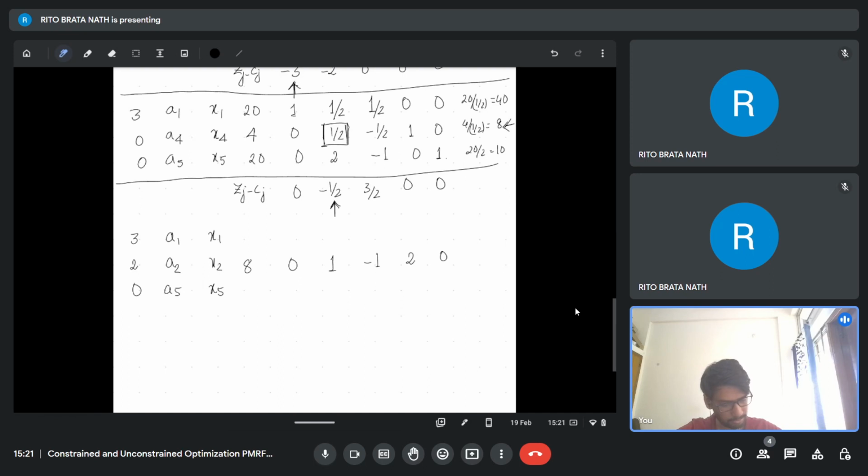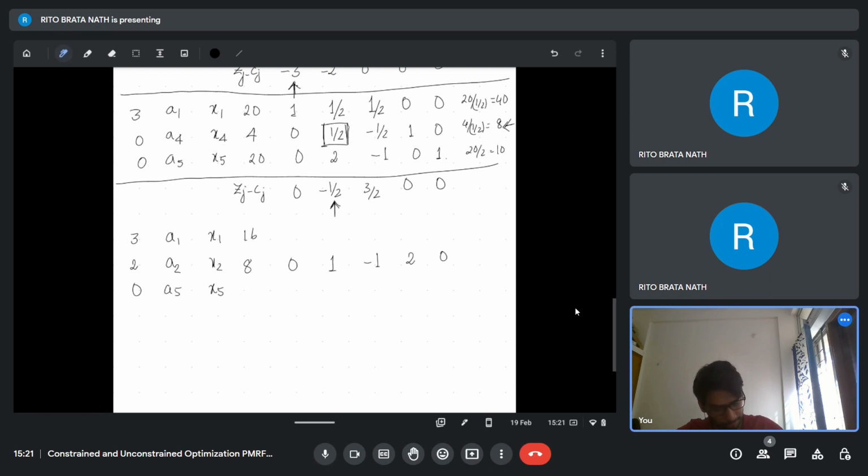Next, what you can do is subtract the second row from the first row to get the transformed first row. So that will be 16, 1, this will be 0, this will be 1, this will be minus 1, this will be 0. So that is also correct, I guess.